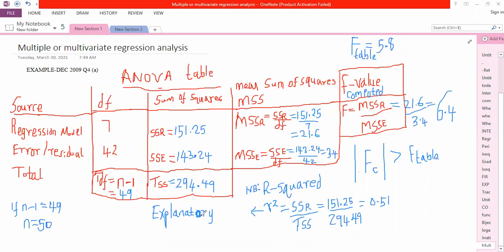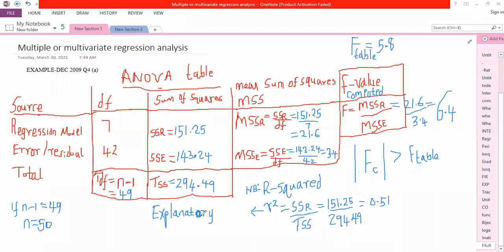For example, having found our R squared as 0.51, remember the interpretation of the R squared is in percentage. We would say that 51% of the job satisfaction, our dependent variable Y, is influenced by all these independent variables: the age, the monthly salary, the experience.